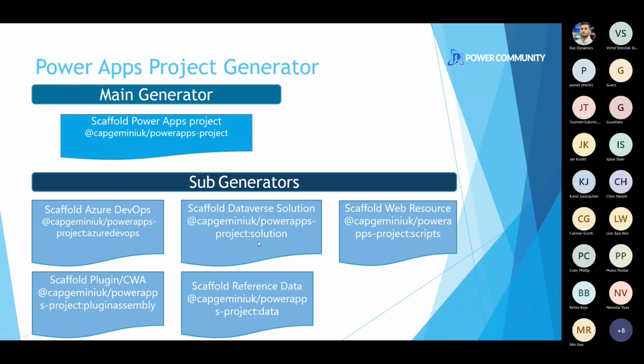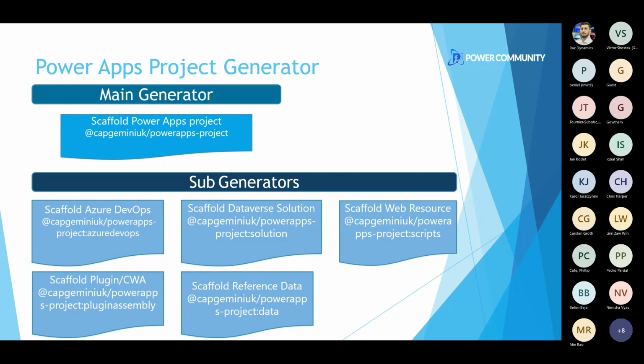So the next subgenerator is the solution. This subgenerator depends on the main generator and the Azure DevOps one, because anytime you start a project, you have a code structure, a Visual Studio solution, where you will be putting all your code. But you need a container in your Dataverse where you will be creating all the components: tables, whatever components, the solution components.